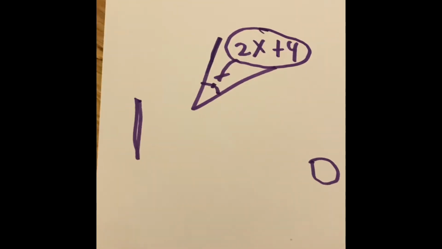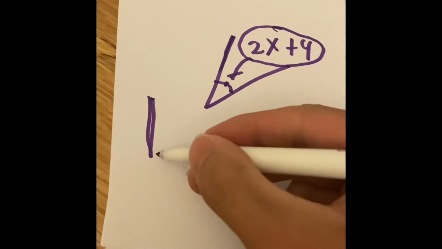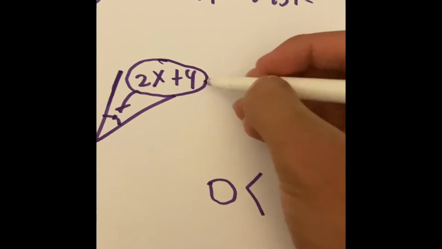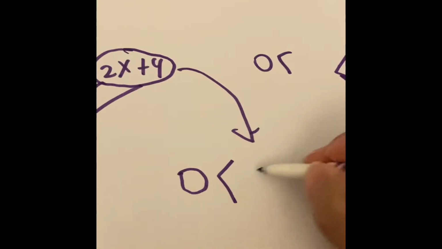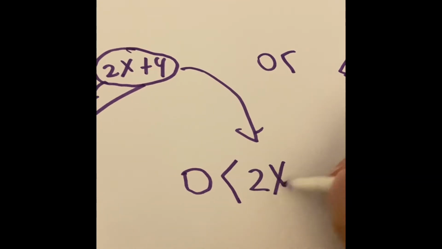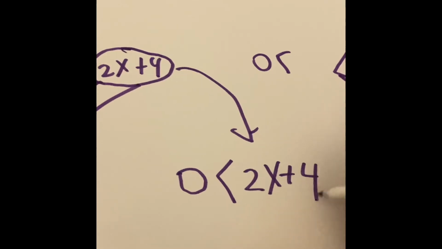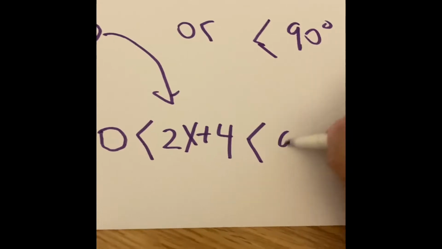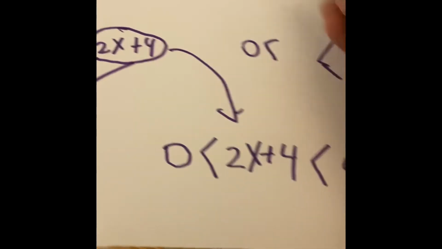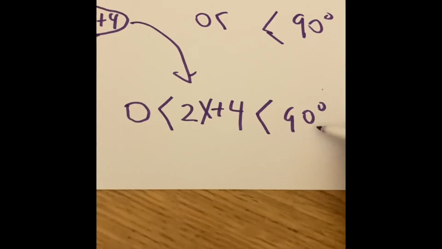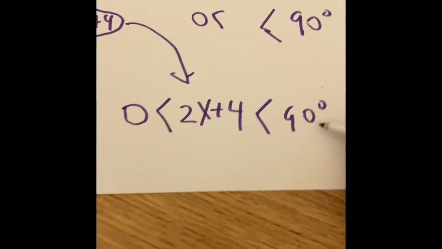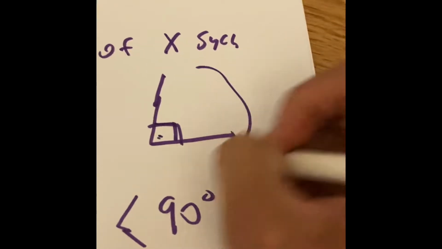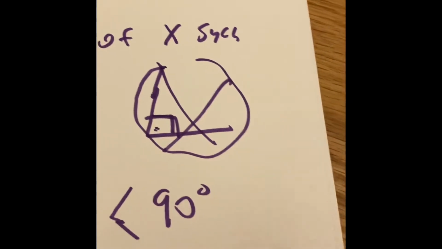It wouldn't really be an angle, because 0 degrees is just a line, no angle. So our equation has to be greater than 0, or we don't even have an angle. But we also have to have it less than 90 degrees, because an acute angle is less than 90 degrees. If it was 90 degrees, then we would be measuring a right angle, which we don't want to do.